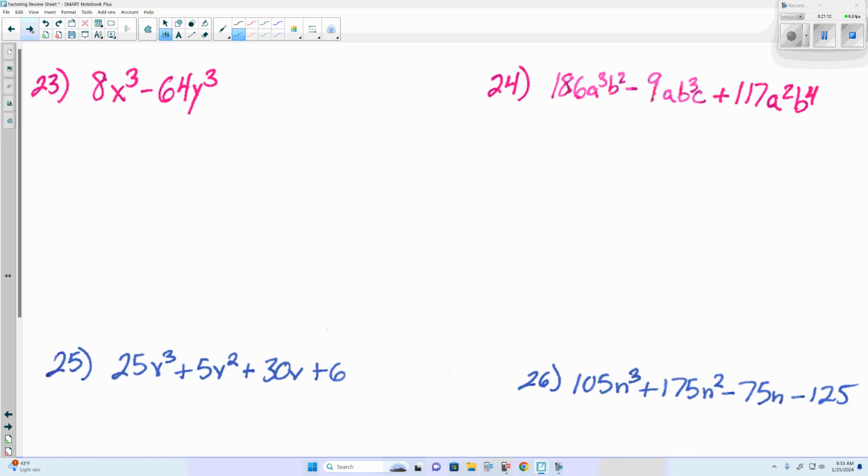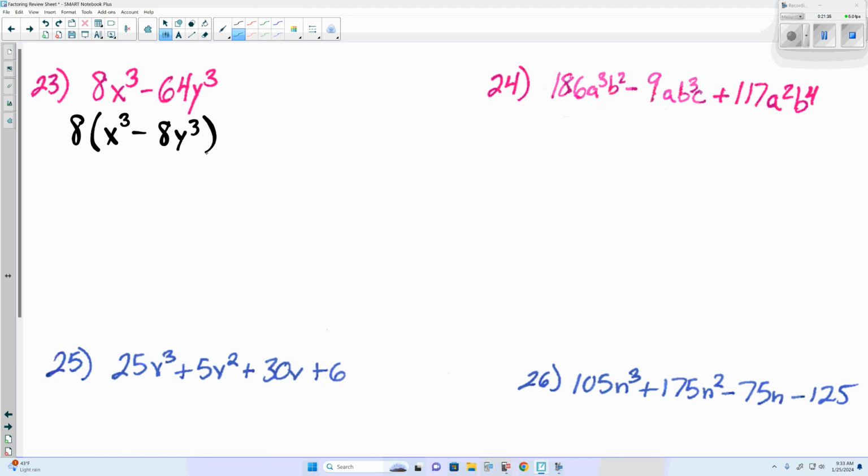Is there a greatest common factor between 8x cubed and 64y cubed? 8 can go into both 8 and 64, yes? And we can factor it out. Now this one here would have worked even if we didn't take the greatest common factor out.